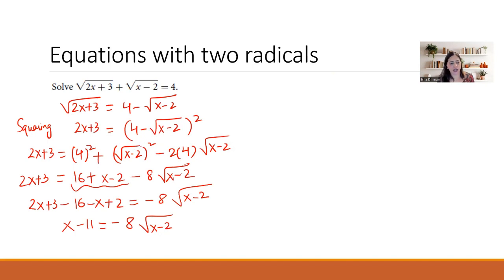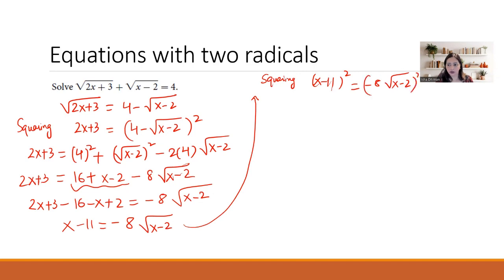You are free from radicals on the left-hand side of the equation, but not on the right-hand side. As you can see, there is still a radical present here, square root x minus 2. So I have to do squaring one more time. Once you do that squaring, you'll get x minus 11 squared equals minus 8 square root x minus 2 squared.